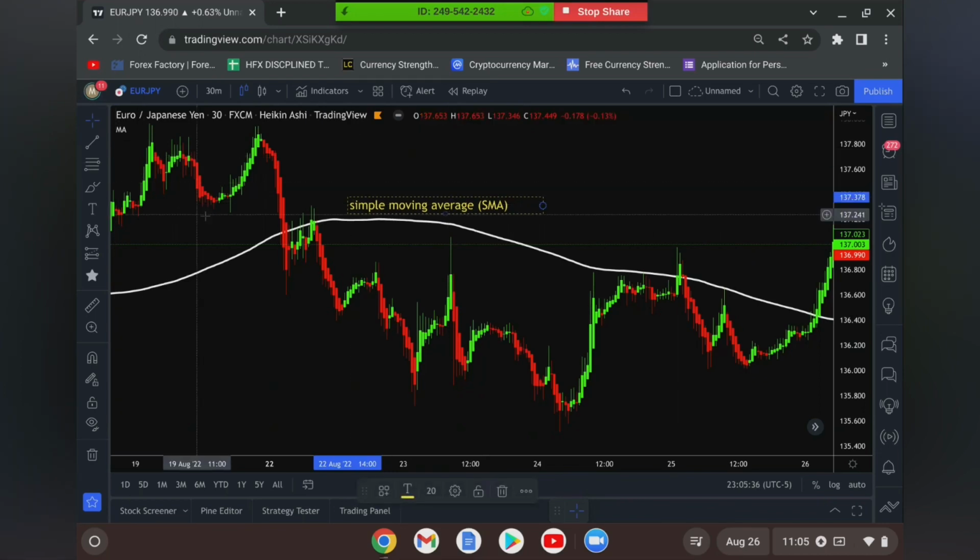All right, so now in place of those two simple moving averages, I want to go ahead and add two exponential moving averages.